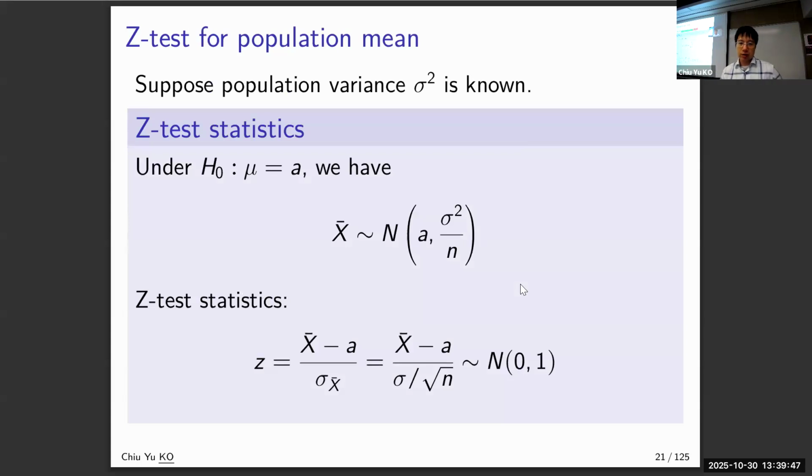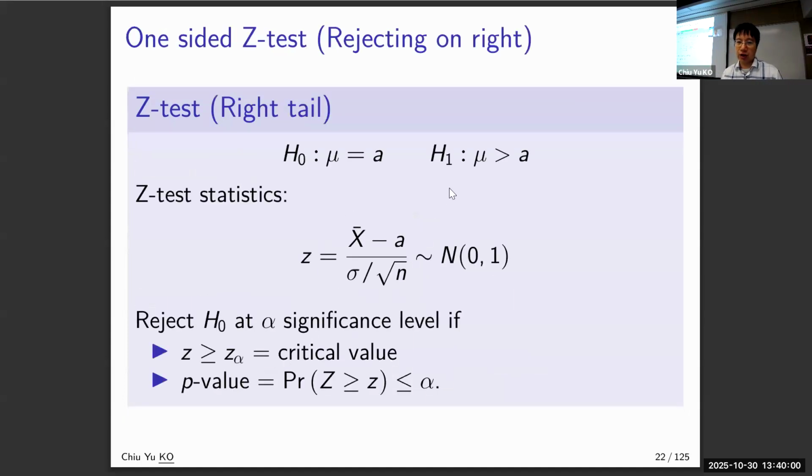So just to quickly review the z-test. What you do is assume the null is right, and the statistic should be around this region. If the alternative is more than, that means it's large enough, then you reject. And you have to decide what's large enough, because we have to accept the type 1 error.